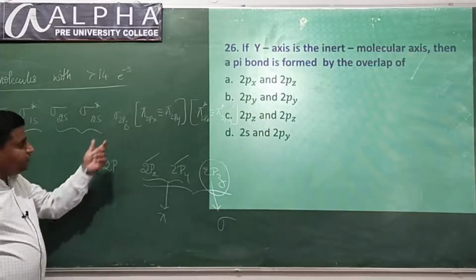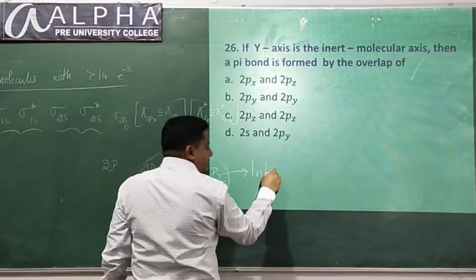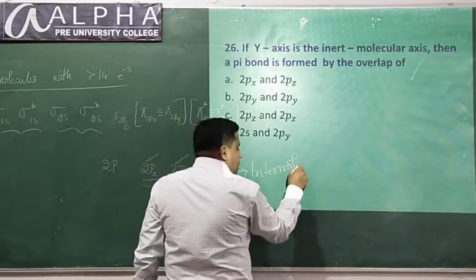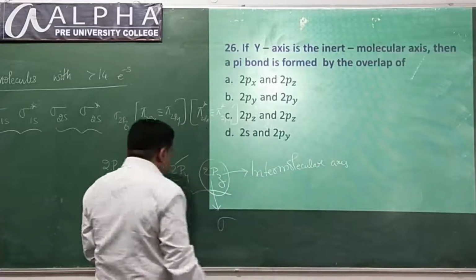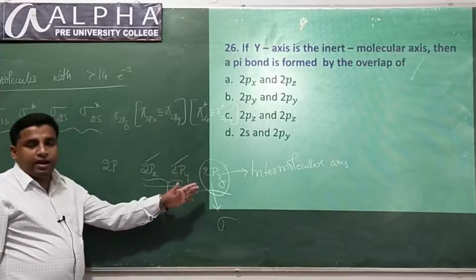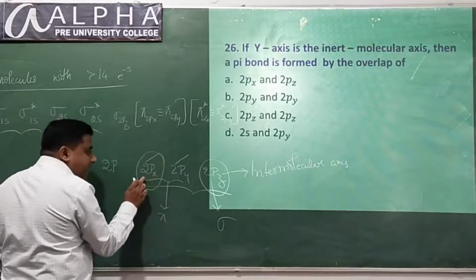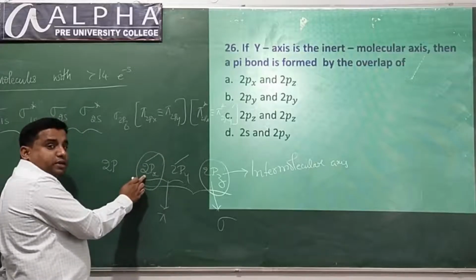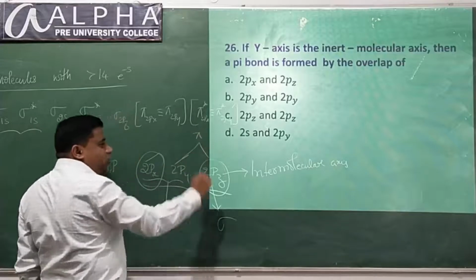See this, if the 2pz orbital forms the intermolecular axis, then the remaining two orbitals will form pi bond. It is arbitrary, I said, you can choose anything. If I choose 2px as intermolecular axis, then these two orbitals will form pi bond.